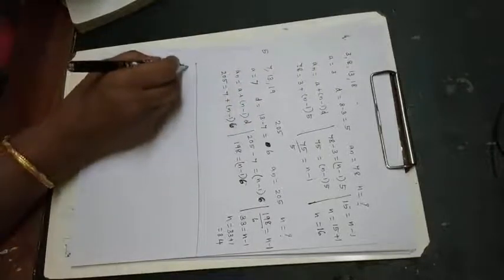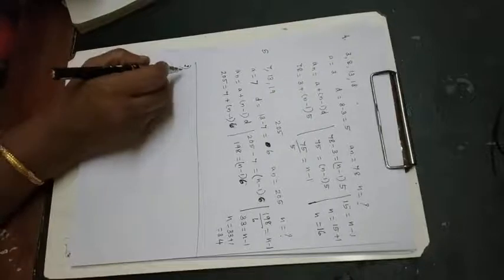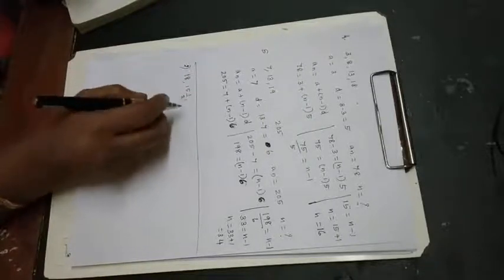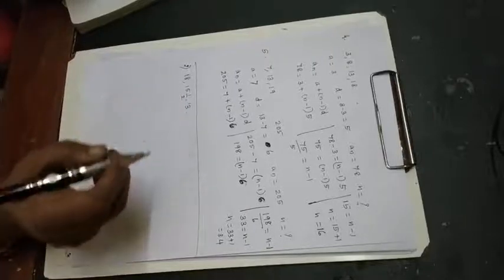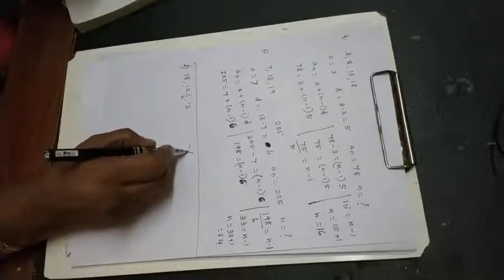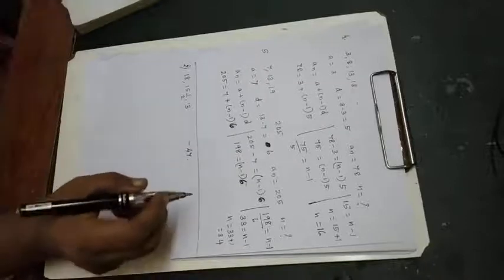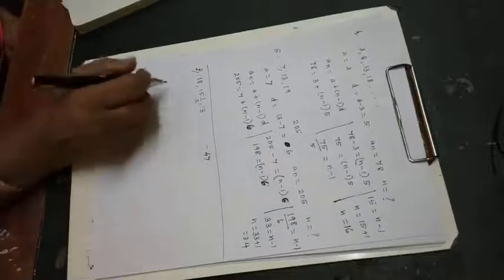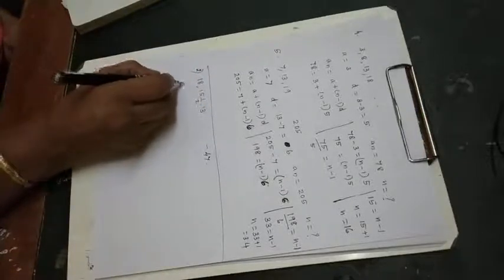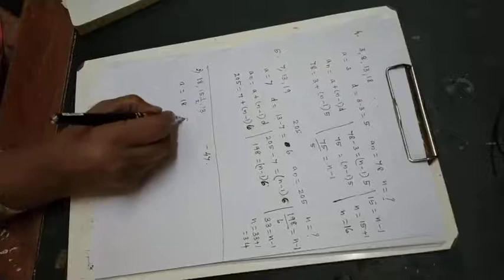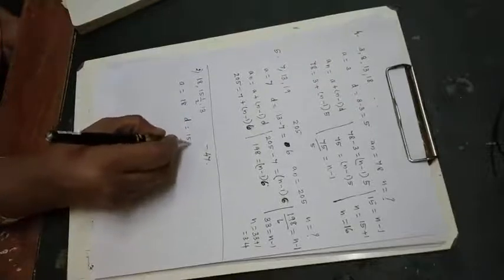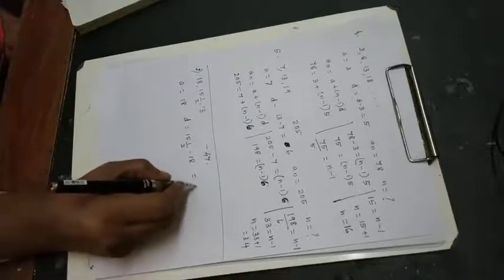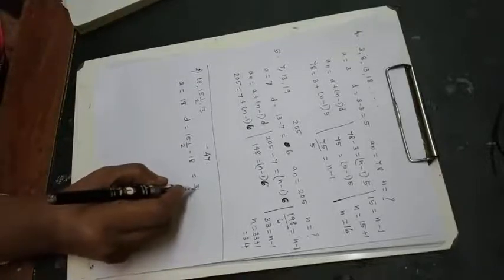Now second problem. Now 18, 15 and a half, 13, like that it is going, negative 47. So here also n you want to find. A is equal to 18, d is equal to 15 and a half minus 18. 15 and a half you can make it 31 by 2.